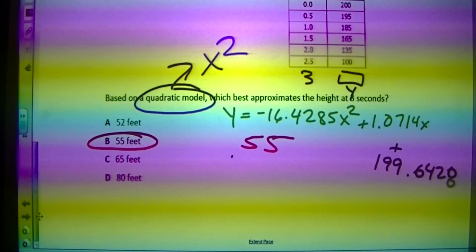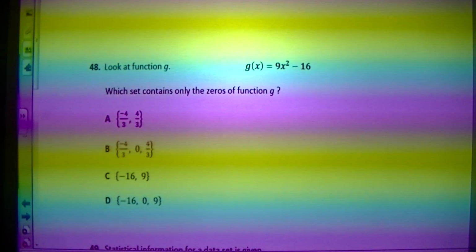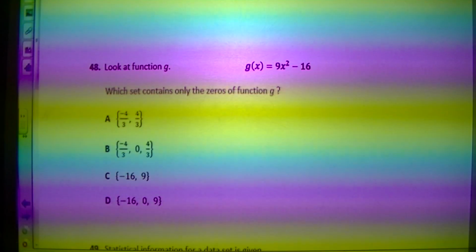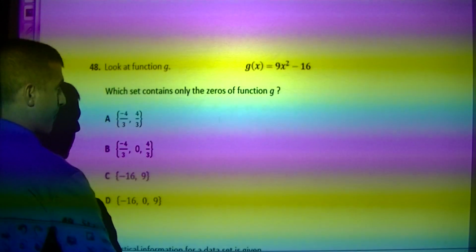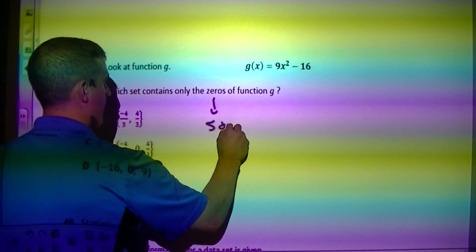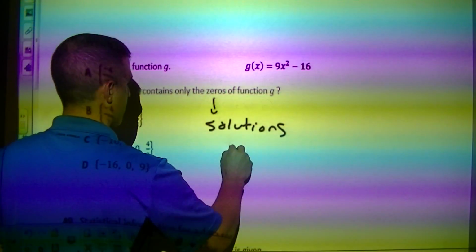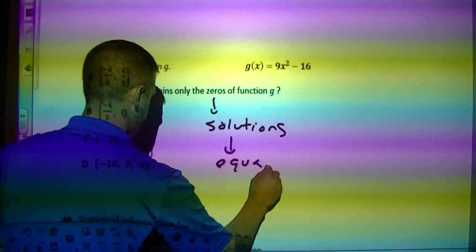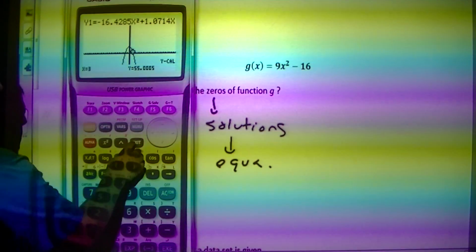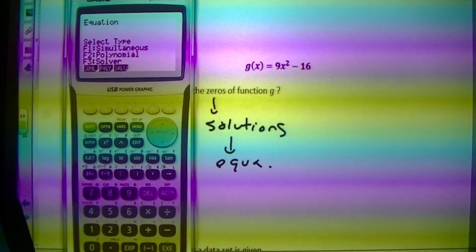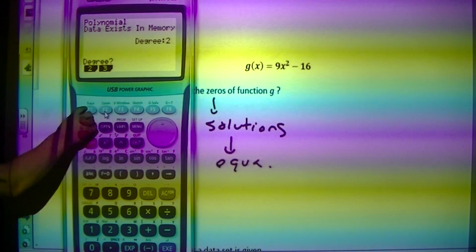It's 47. 48, which contains the zeros. All right? So zeros are solutions. I get those from equal. So go into menu, equal, polynomial, degree 2.